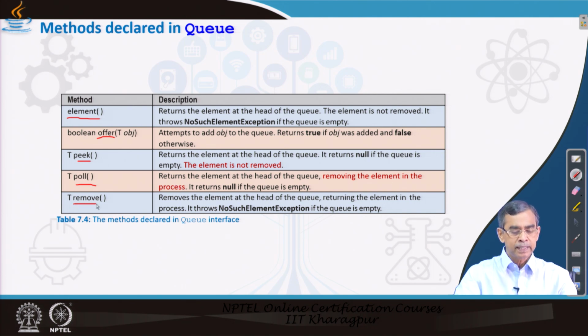And then remove is another method. Remove basically removes the head, the same as poll sort of thing. It returns the element after removal, and obviously all those methods throw an exception if the queue is empty.